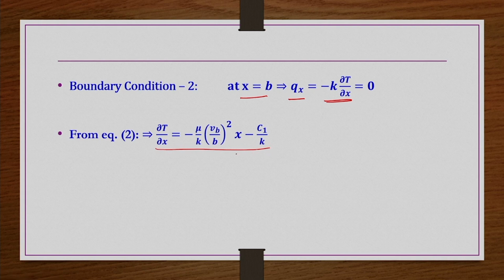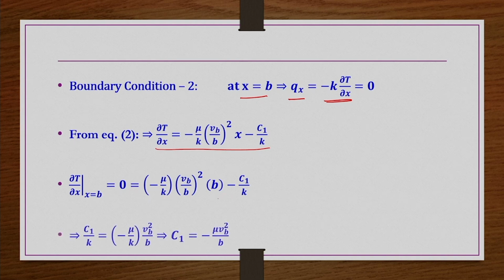Here we substitute x is equal to b and equate the left hand side term to 0. Then we have 0 is equal to minus mu by k Vb by b whole square b minus C1 by k. So, C1 by k is equal to minus mu by k Vb square by b. So, C1 is equal to minus mu Vb square by b.